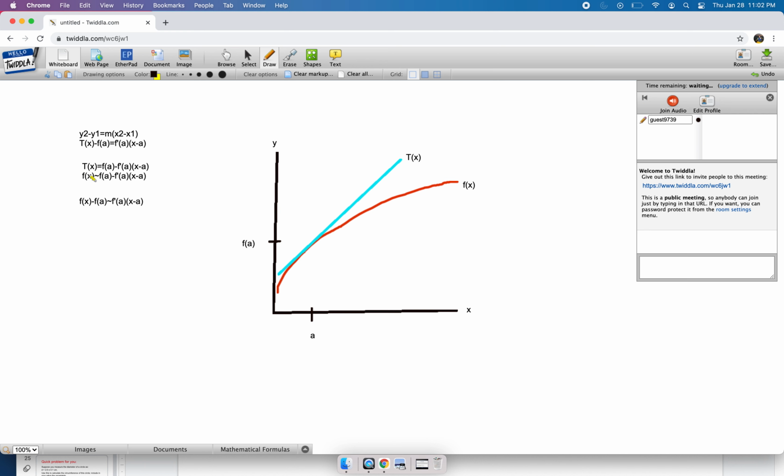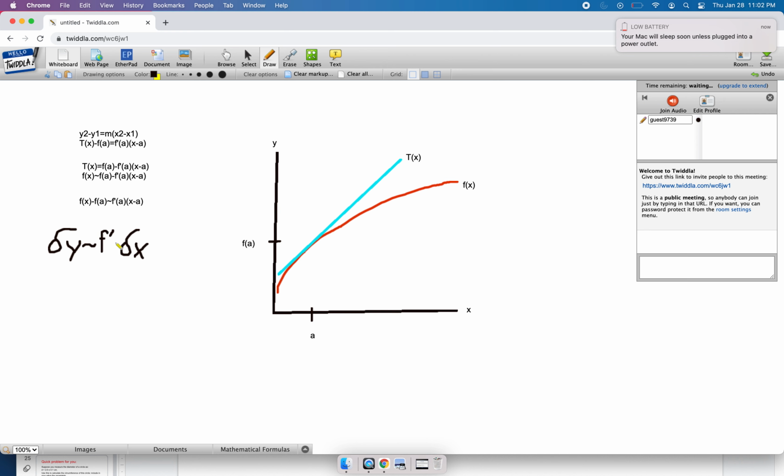Now let's take this equation and subtract f of a again. Let's say that x minus a, this difference, is our uncertainty in x. If that's the case, then f of x minus f of a would be our uncertainty in y. So that's approximately equal to the derivative of this function evaluated at a, f prime of a.